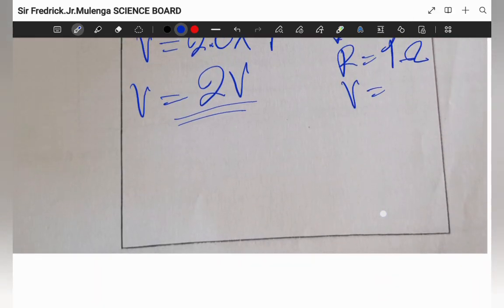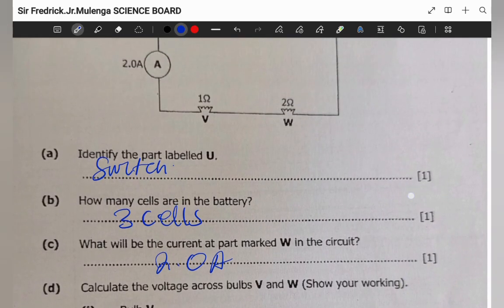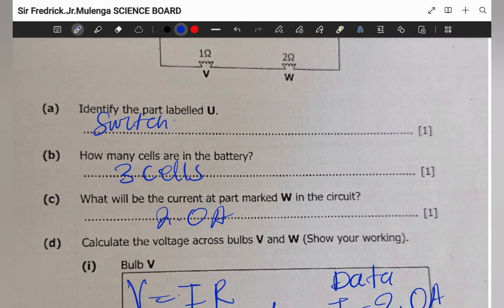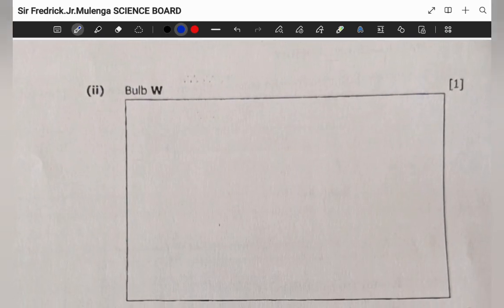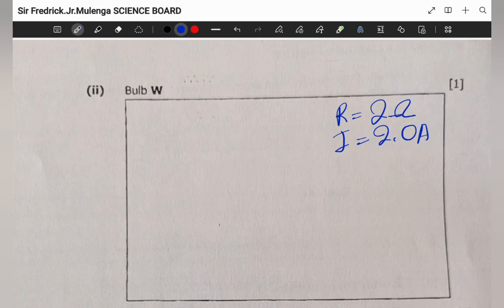Okay, so we'll just correct the data at W. So at W, our resistance is reading as 2 ohms. Then current, we know that it's the same, so 2.0 amps. We're looking for voltage, which we don't know.